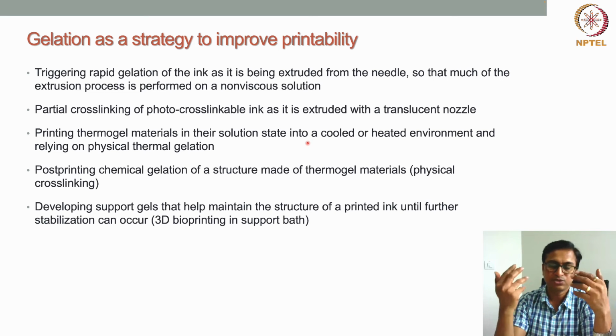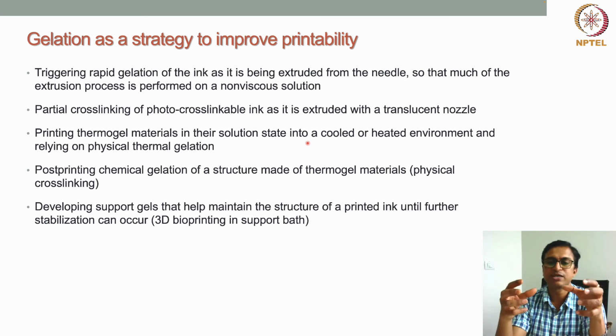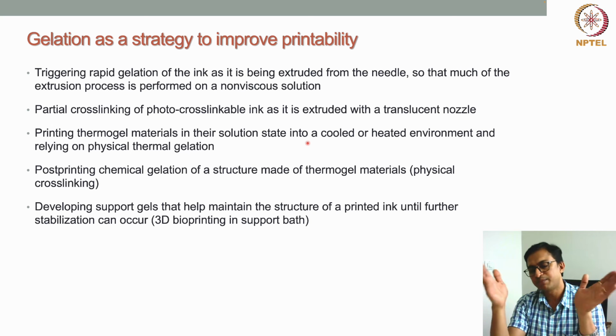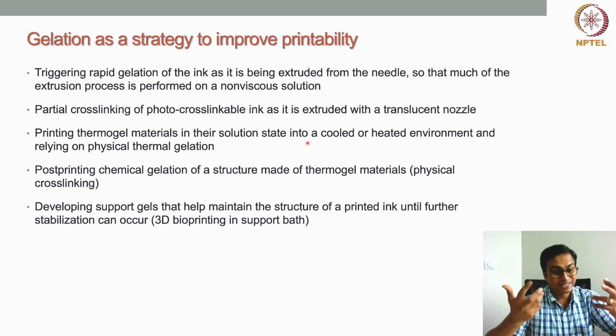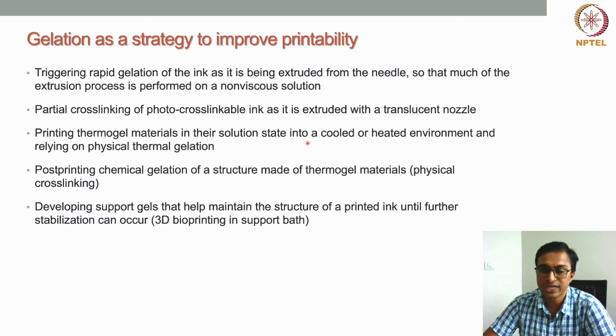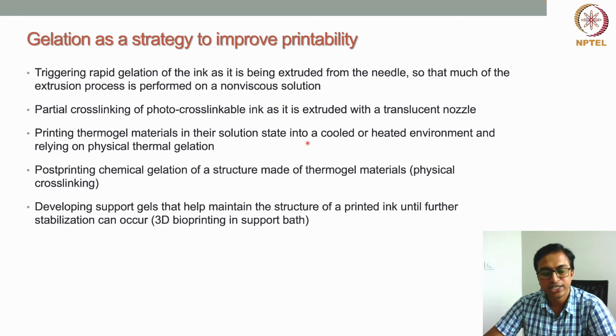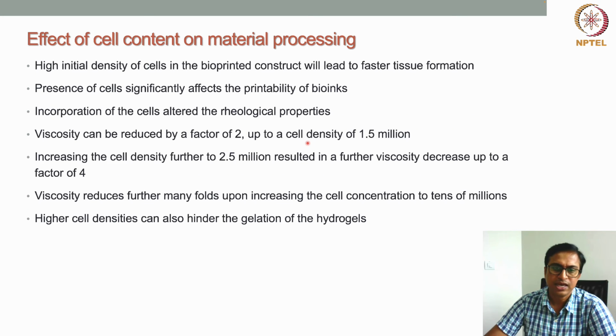After printing, when the gelatin melts away beyond a certain temperature, we get the alginate structure, which stays solid due to the cross-linking of the alginate with the calcium ions.